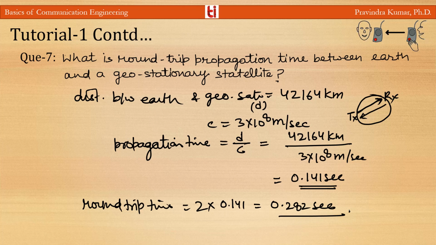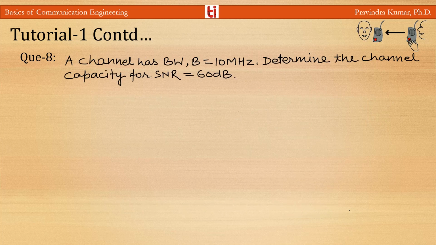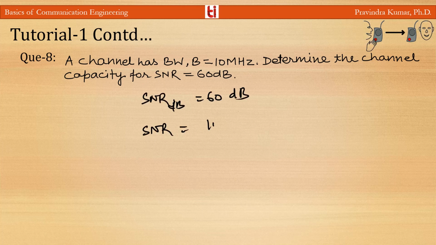Now next question, a channel has bandwidth 10 megahertz. Determine the channel capacity for SNR 60 dB. Here the SNR is 60 dB, and in the normal form it is 10 to the power 6.